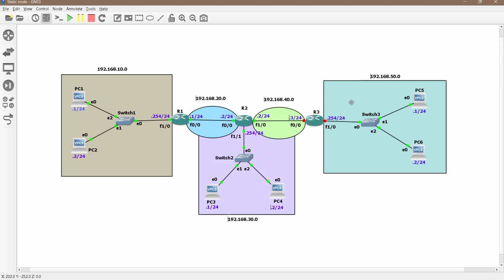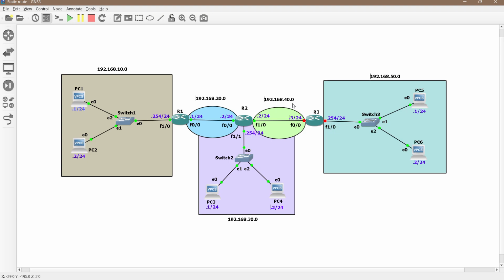Then we have LAN 3 with IP address 192.168.50.0/24 with PC5 having network 50.1/24 and PC6 having network 50.2/24. And here the default gateway address is 192.168.50.254/24. And the intermediate networks are 192.168.20.1 and 40.0.